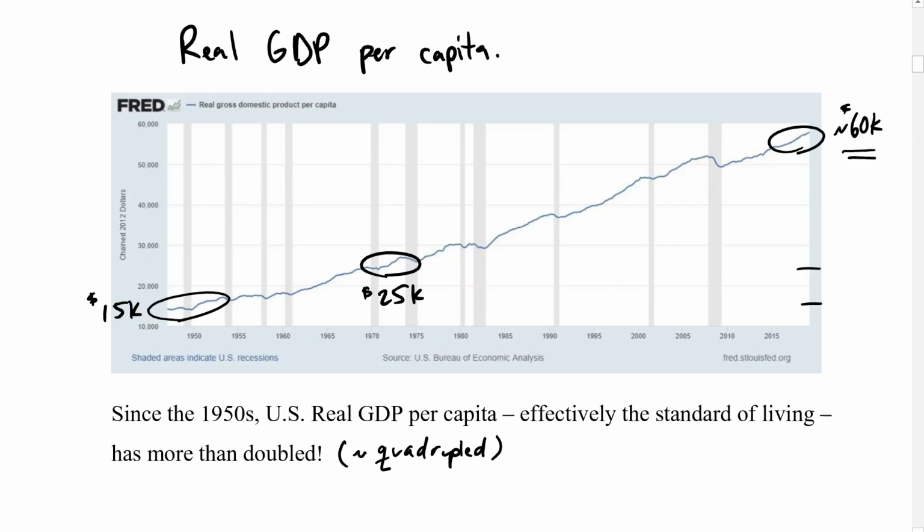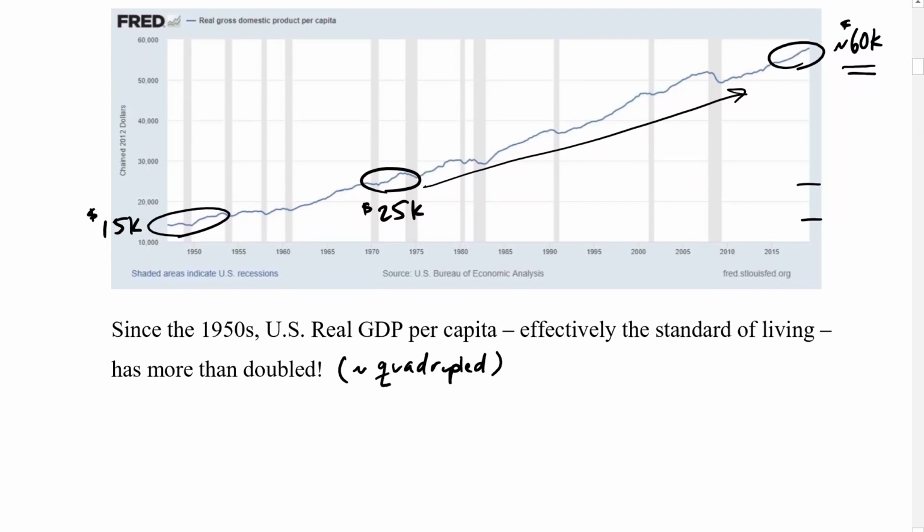But I also want you to think about this: when we have this more than doubling of GDP over time, we can actually use a mathematical trick to think about how long it would take other countries to grow over time given their growth rates, which, by the way, the United States has grown at about 2% a year, plus or minus depending on the time frame if we're looking at long-term time horizons.